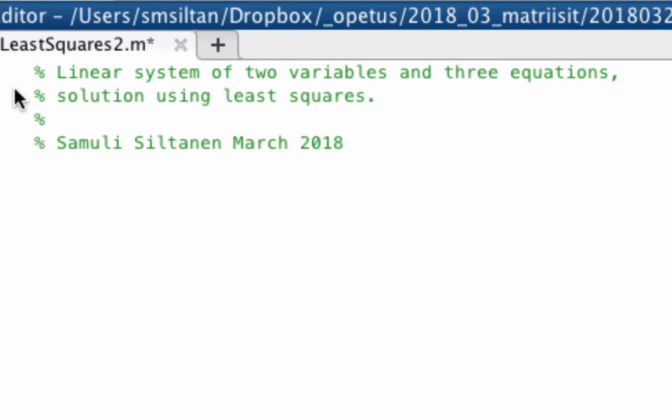Again, let's start by making sure that our plots look good. Lines should be thick enough that everybody can see, even in the back row.